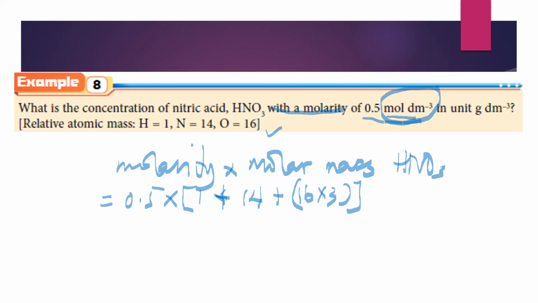So 1 plus 14 plus 16 times 3, total is 63 gram per mole. So you times 0.5 times 63 and you got the concentration 31.5 gram per cubic decimeter.